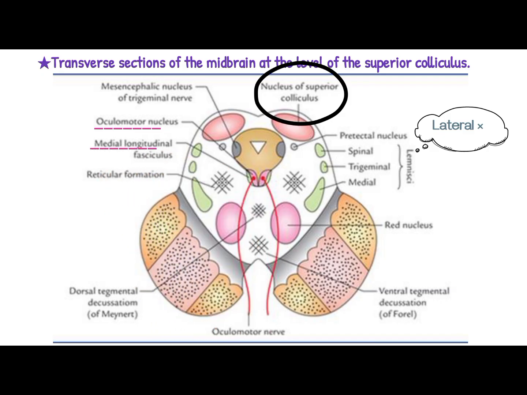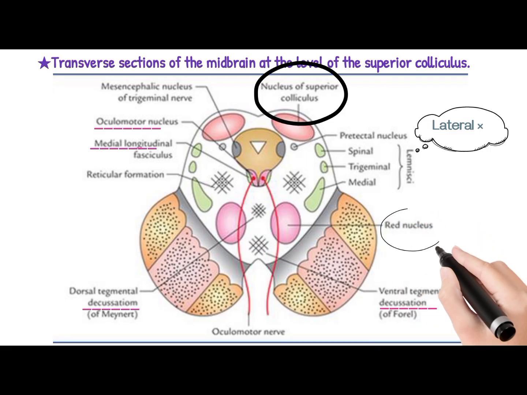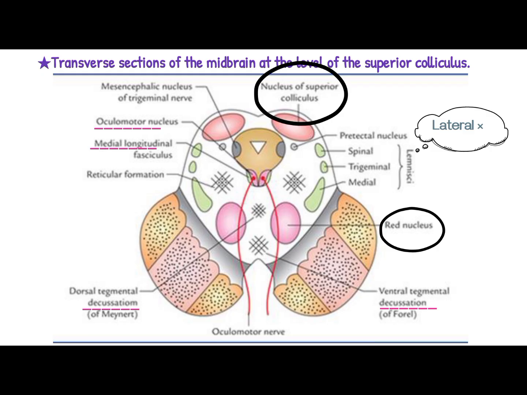This is medial longitudinal fasciculus. This is dorsal tegmental decussation, and this is ventral tegmental decussation. This is red nucleus. This is reticular formation.